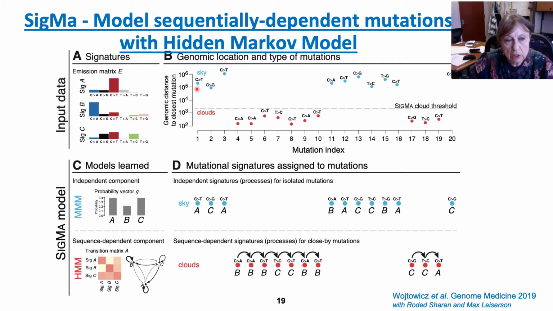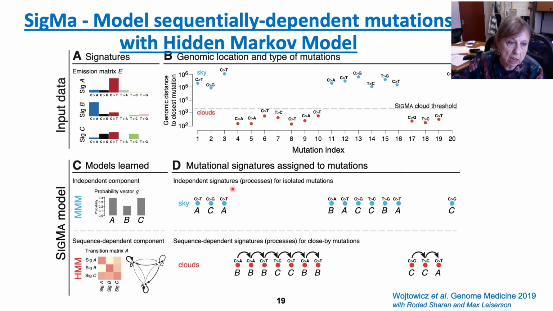So we reason that if mutations are really far away in the genome, then the dependency is quite unlikely, while if they're close, then they're more likely to be dependent.